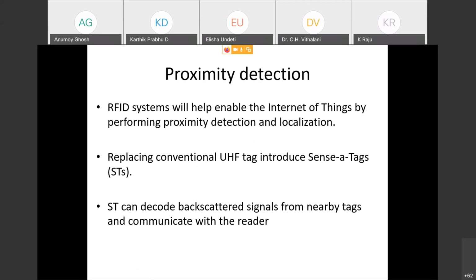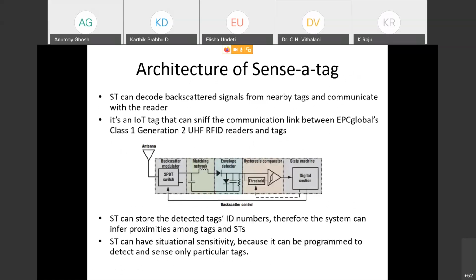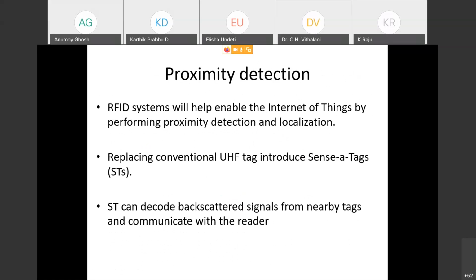Now proximity detection. What is proximity detection? Proximity detection means that you are driving a car. Now if another car comes to a dangerously close level to you, then both of you should be alerted, your car and the driver who has come dangerously close.